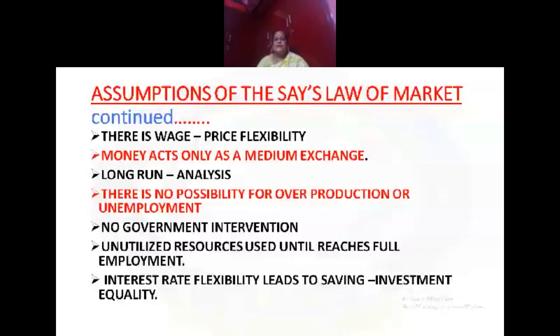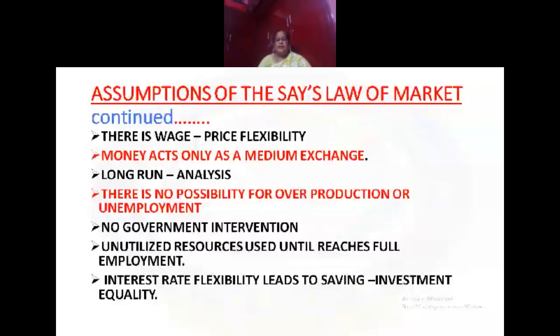Unutilized resources are used until we reach full employment. Interest rate flexibility leads to saving-investment equality. Interest rate, yes, this one we can agree.